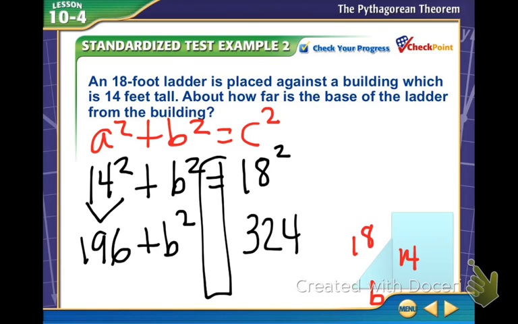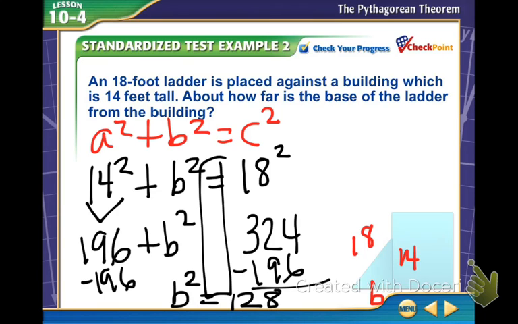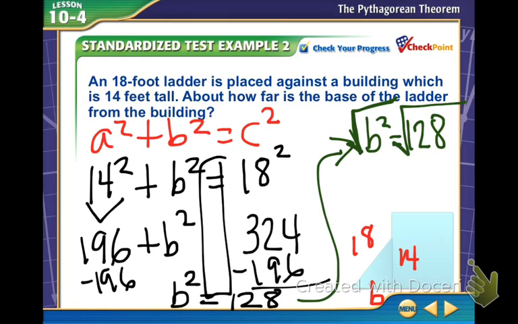We're going to need to subtract. So b squared equals 128. But we don't want b squared, we want just b by itself. So square root the 128, round to the 10th, and it's 11 3/10 feet.